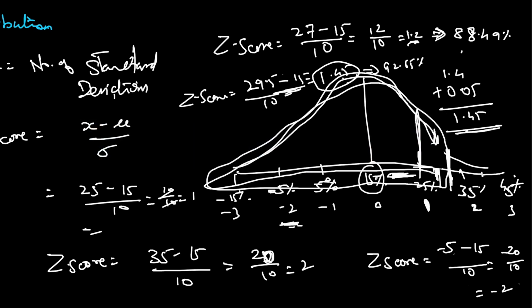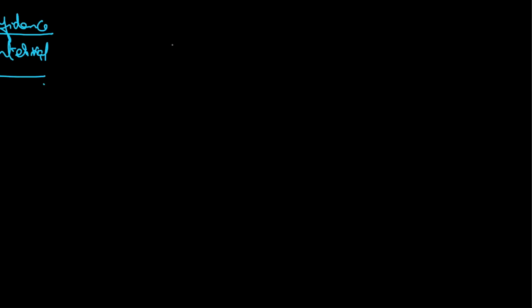Because see here, any Z score you want to calculate, you might want the probability value for the Z score 1.1 or 1.11, for the Z score 1.21 or 1.31. If it goes like this, like 1.0, 1.11, 1.12, 1.13, 1.14, then 1.2, then again 1.21, then 1.3, it will consume a lot of space.